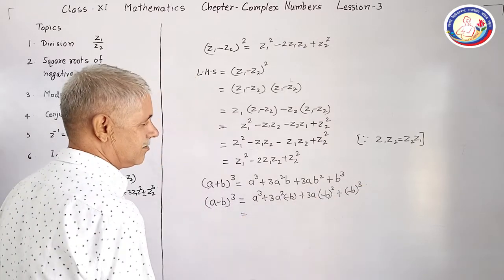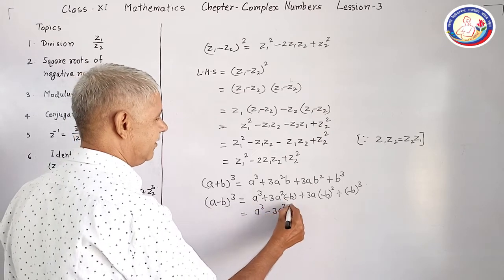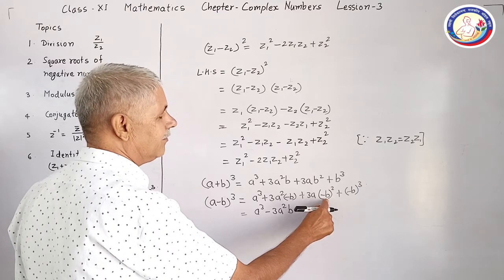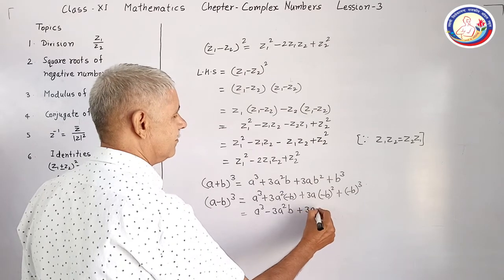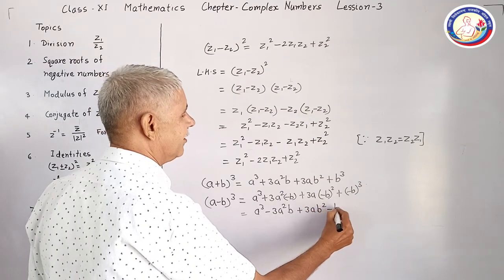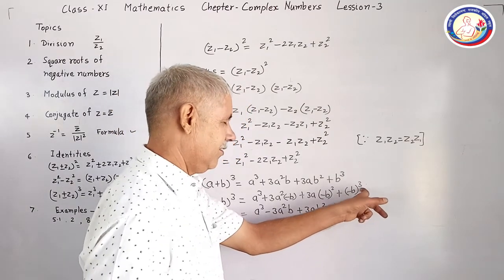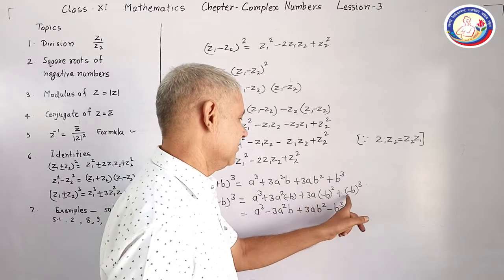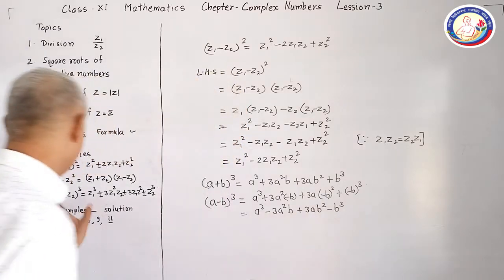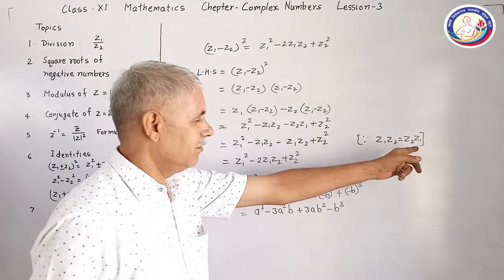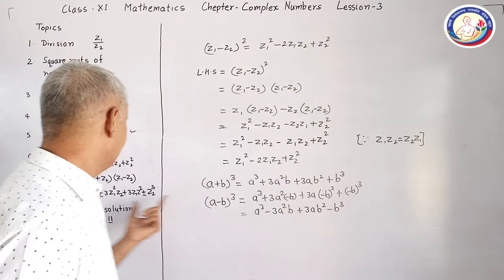This will be a cube, here it is minus sign, so minus 3a square b, and the square of a negative number is positive, so we will have 3ab square, and minus b cube, because the power here is odd and odd powers of a negative number come with a negative sign. So this is the formula you can apply, and then after applying the commutative law and other laws, you can prove these identities.